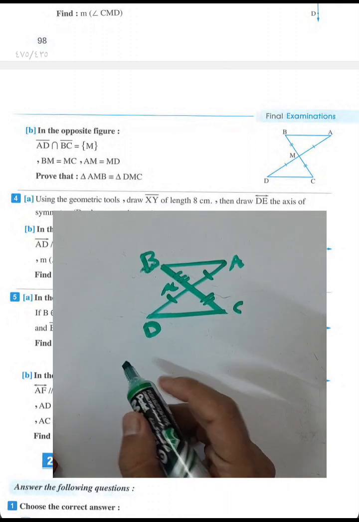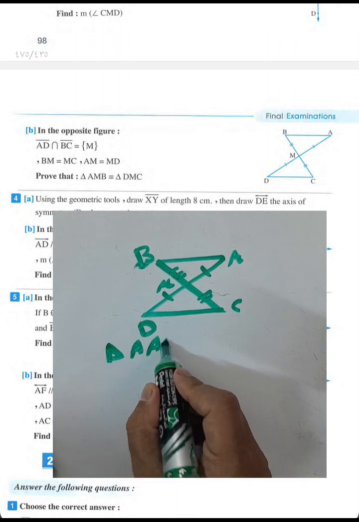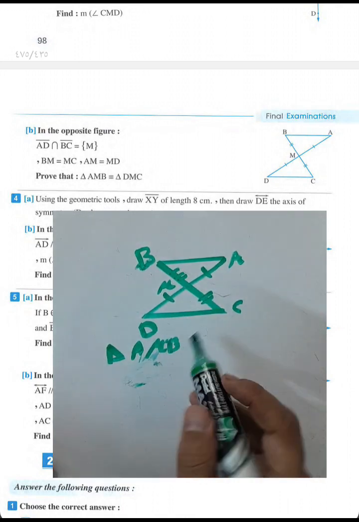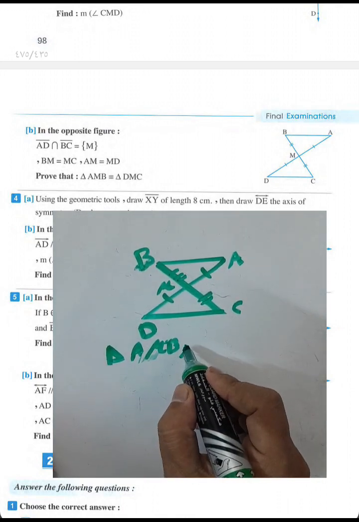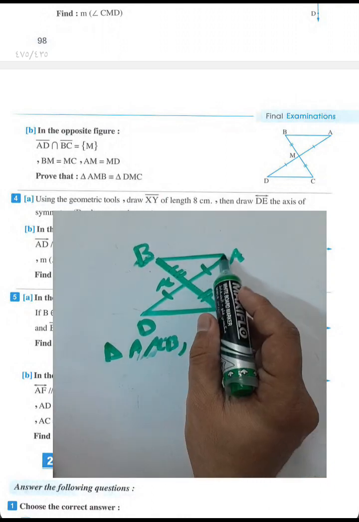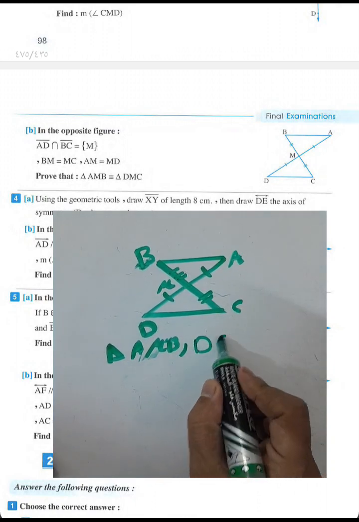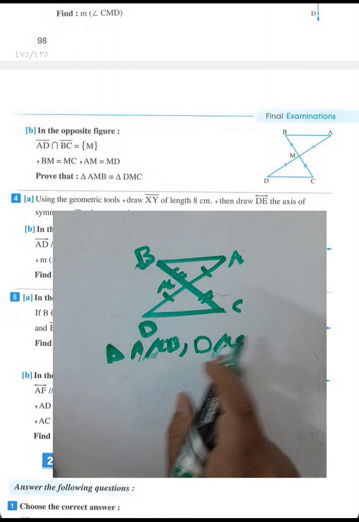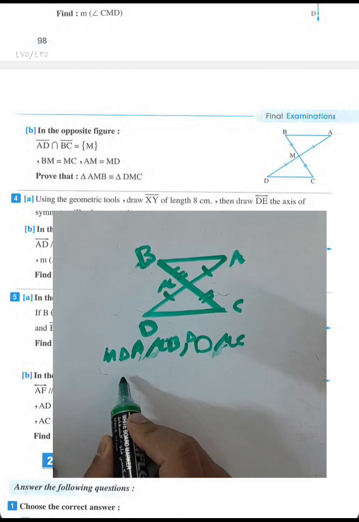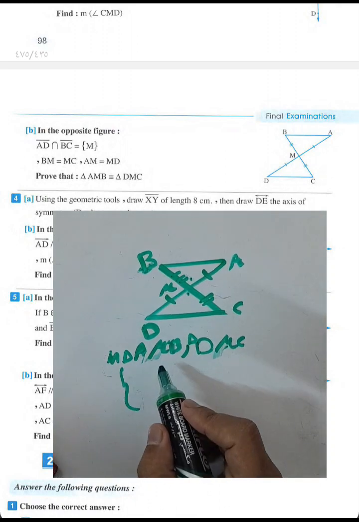Okay, we have two triangles, the first triangle AMB and the next triangle DMC. In the two triangles, this angle will be equal to this angle, vertically opposite angles.